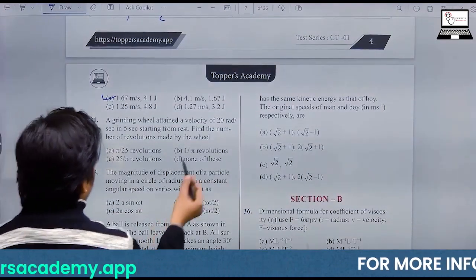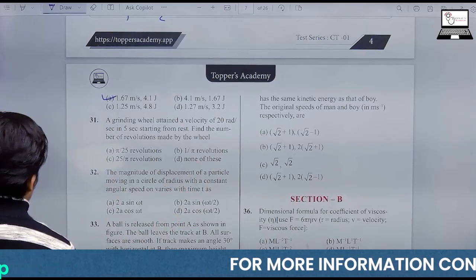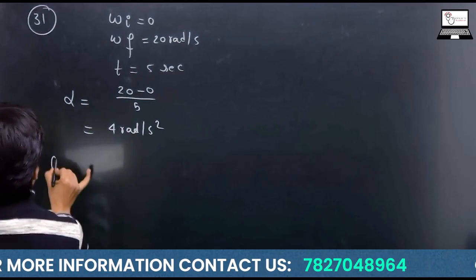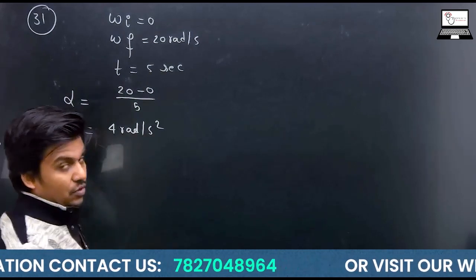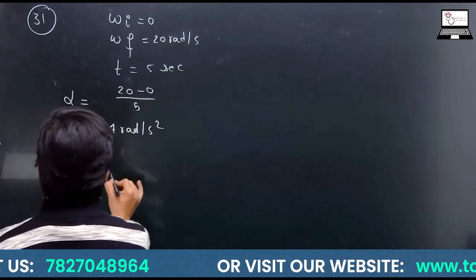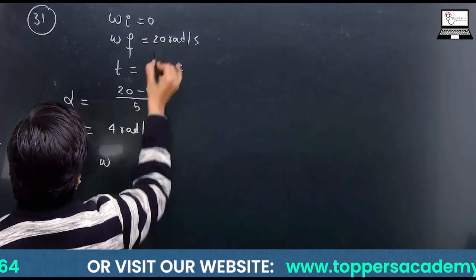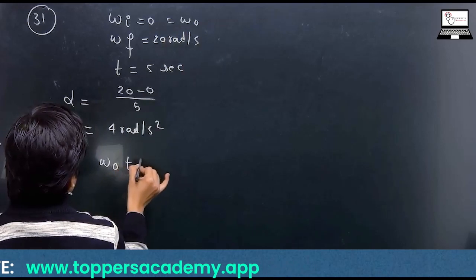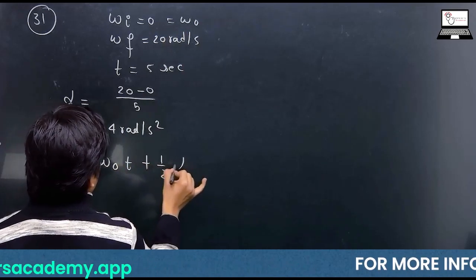Now, how many revolutions? For the number of revolutions, I can find the angular displacement. That is omega naught t plus 1 by 2 alpha t square.